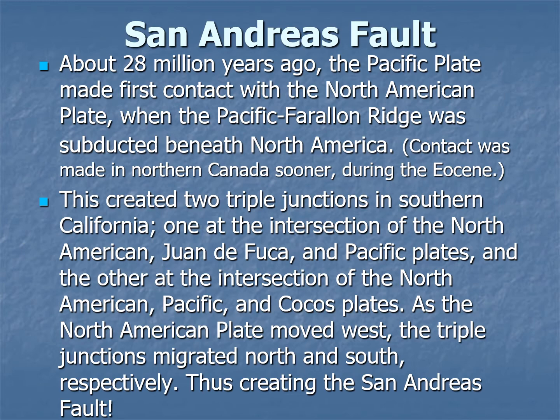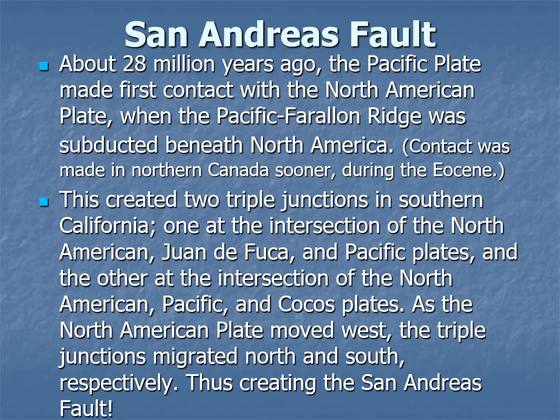Anyway, when the Pacific-Farallon Ridge, the mid-ocean ridge that was separating those two oceanic plates, made contact with North America, well, then things changed. This created two triple junctions in Southern California, one at the intersection of the North American, Juan de Fuca, and Pacific plates, and the other at the intersection of the North American, Pacific, and Cocos plates.